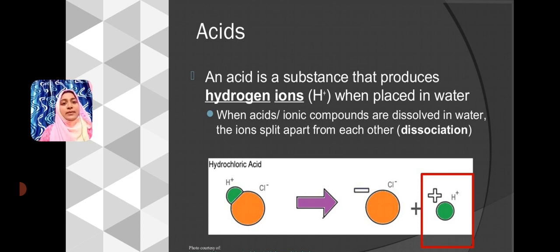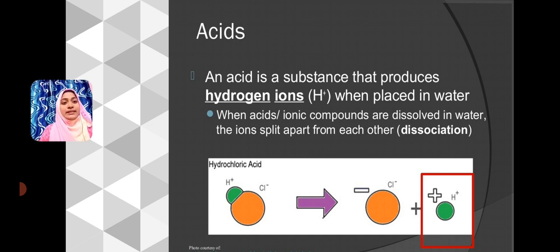You can see in the reaction, when hydrochloric acid dissolves in water, it provides a negative ion and a positive ion. Chlorine is the negative ion and hydrogen is the positive ion. When acids and ionic compounds are dissolved in water, the ions split apart from each other.